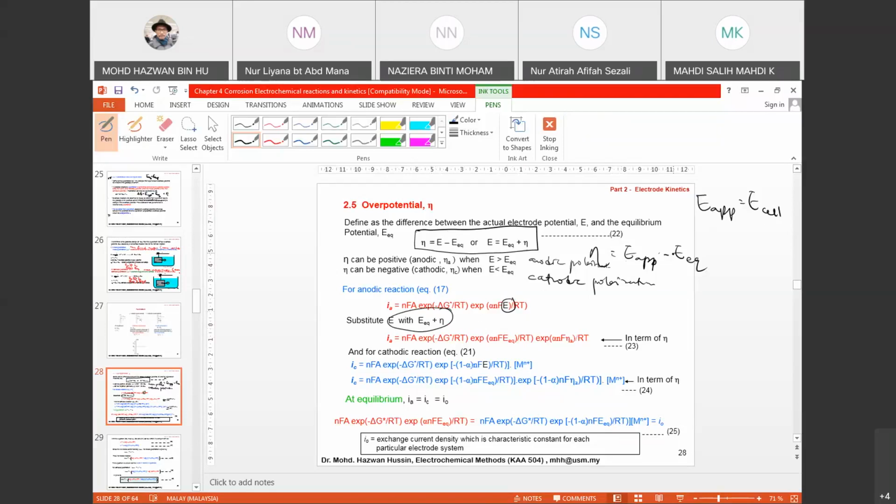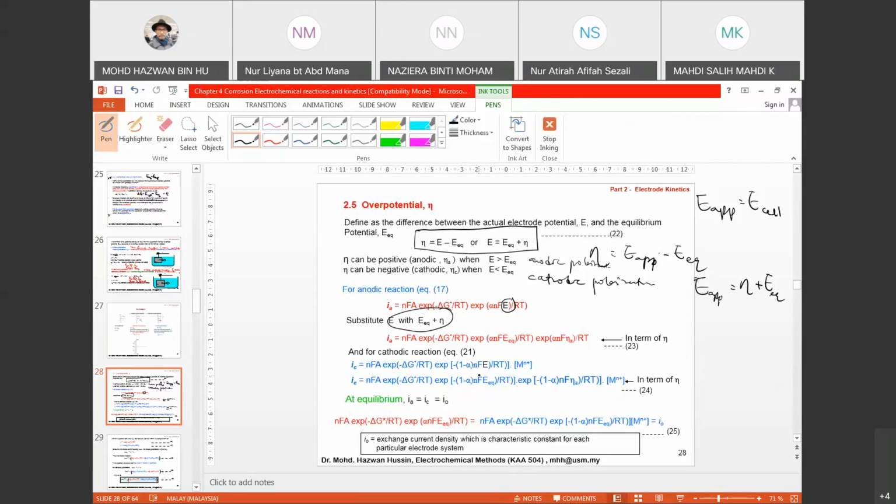Because if you rearrange this one, the applied potential will equal eta plus equilibrium potential. So when you substitute, you will get this term. You have one part that has equilibrium potential, and you will also have another part which is the overpotential.